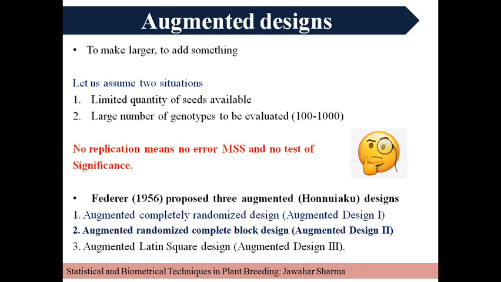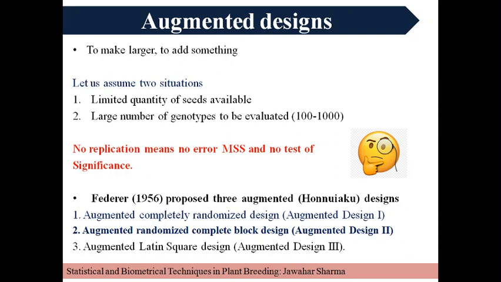Second, you have to handle a large number of genotypes, say in hundreds to thousands. In that situation, to make replicated trials, you don't have much space, and there is the problem of soil heterogeneity, which you can't really control, and which is essential for conducting the experiment. So under these two situations you can't go for replicated trials.